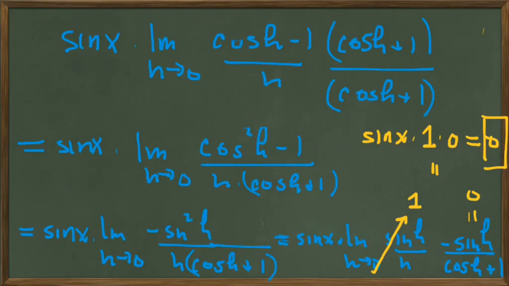So putting that information in, this part is going to 1, this part is equal to 0, so we have sine x times 1 times 0, or the limit of that term is 0.